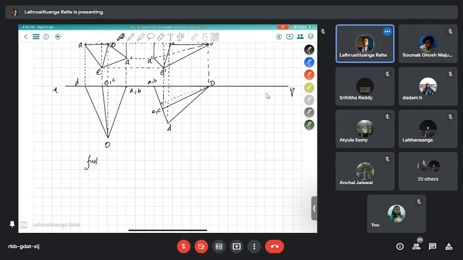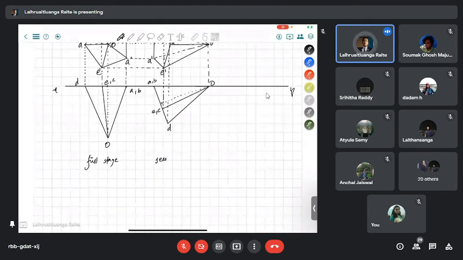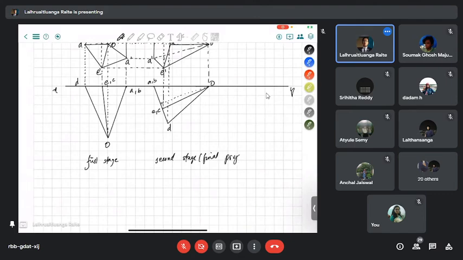First stage, second stage, final projections. Any question?